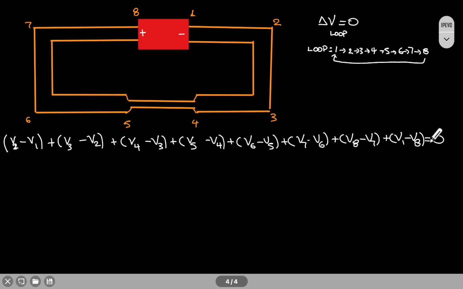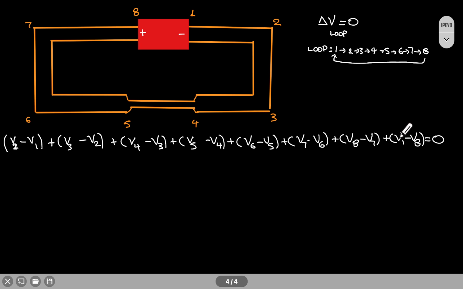Now, one way that you can apply this: if I tell you what this delta V and this delta V and this delta V are, and so on until here, so if I tell you all of these numbers and I tell you that the sum of these is exactly 3.0, then what Kirchhoff's loop rule is telling you is that V1 minus V8 is minus 3 volts.